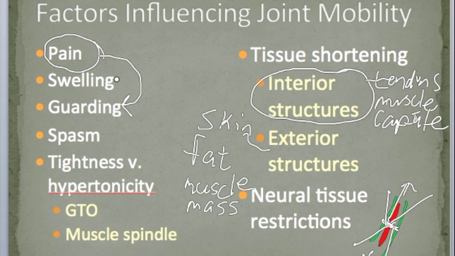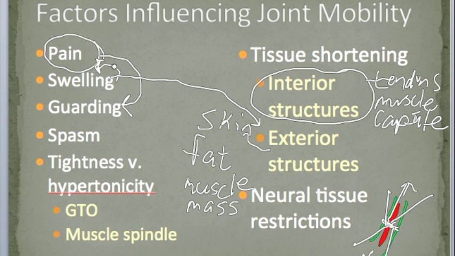If you have swelling, swelling is painful because you have excess pressure inside the joint and that hurts, but also swelling can influence joint mobility because you get back to some of this exterior structure. The skin is sort of stretched out. It's all blown up like a balloon. As you move it, it feels sort of tight.